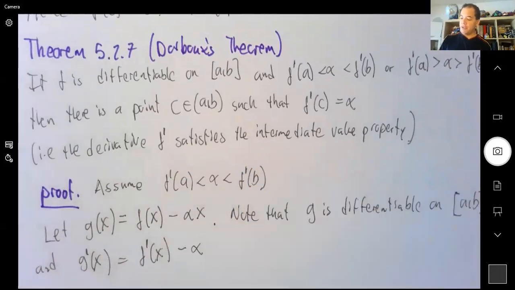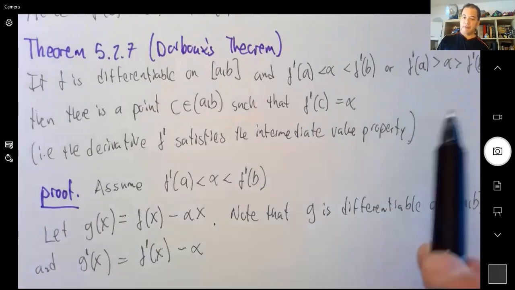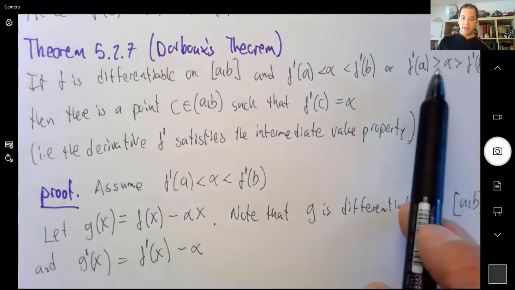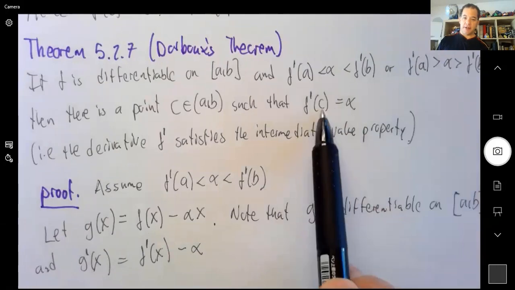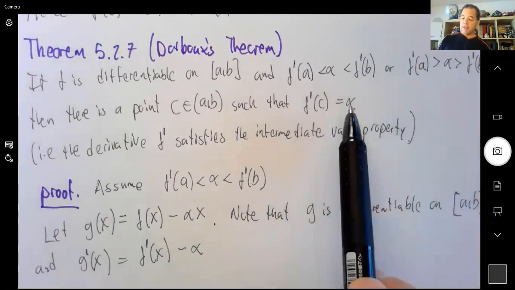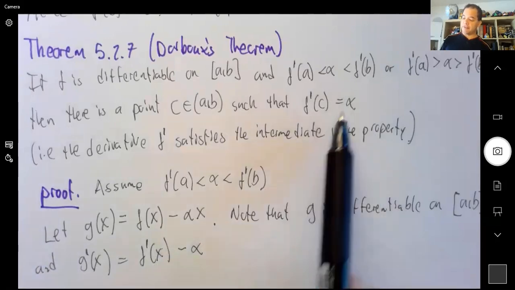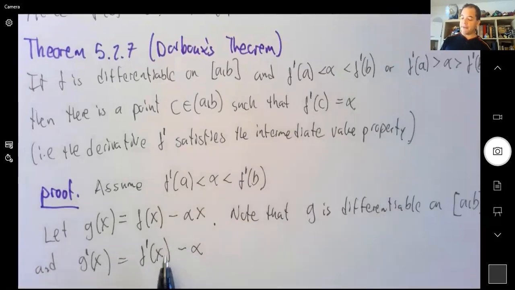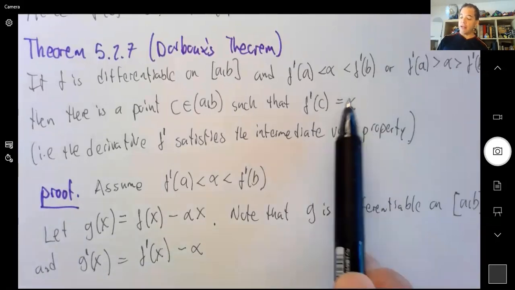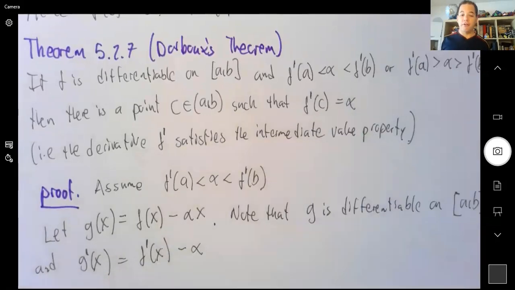So now, if what I wanted as my conclusion is that there's a C such that f prime of C is alpha, if that C satisfies that f prime of C is alpha, then over here I'm going to have alpha minus alpha. So now instead of looking for something equal alpha, I want something equal 0. And that's the part that I was telling you.